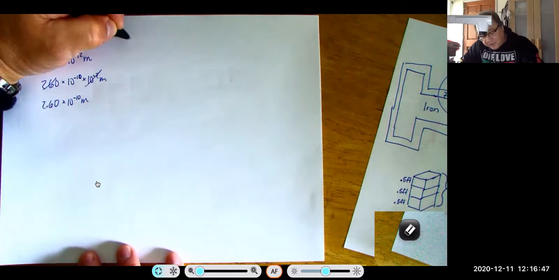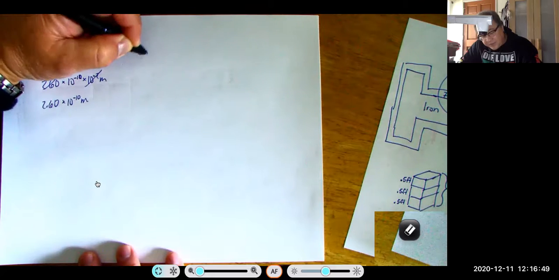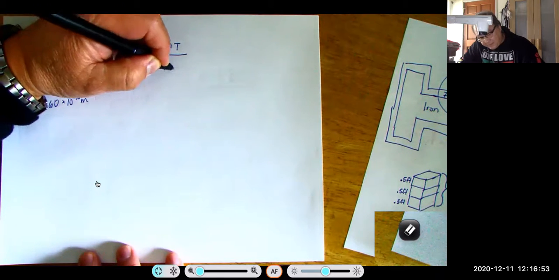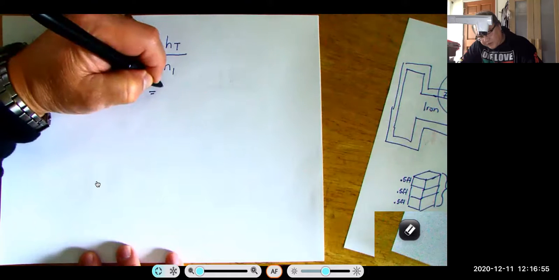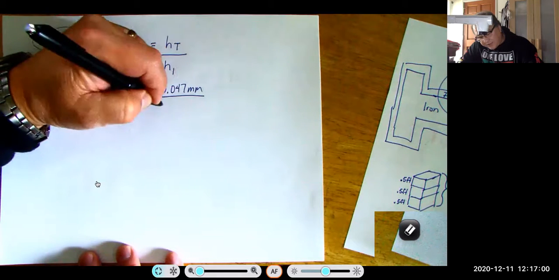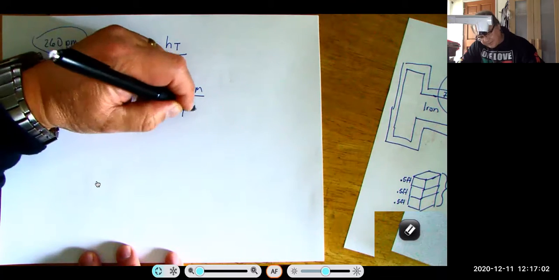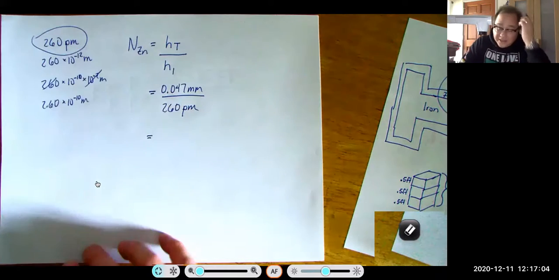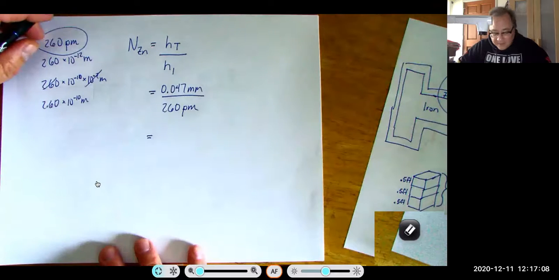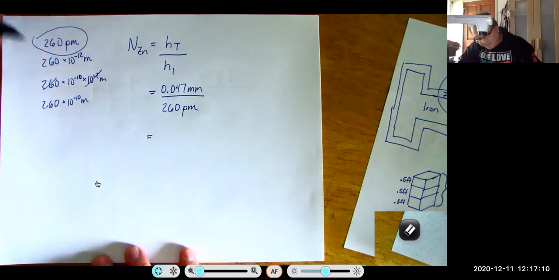So the number of zinc atoms should be equal to the height total divided by the height of one, which is 0.047 millimeters over 260 picometers. Now this looks like a pretty interesting problem because you have two conversions to do, correct? But let me show you the shortcut.